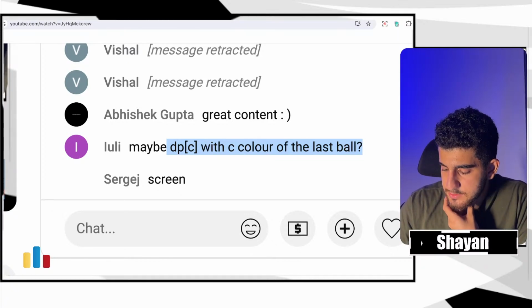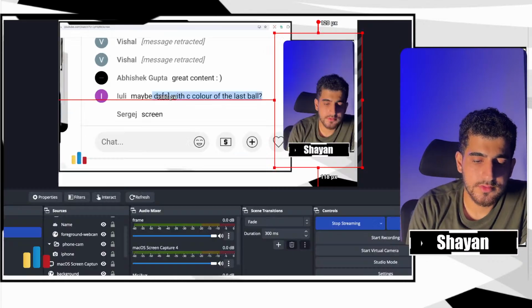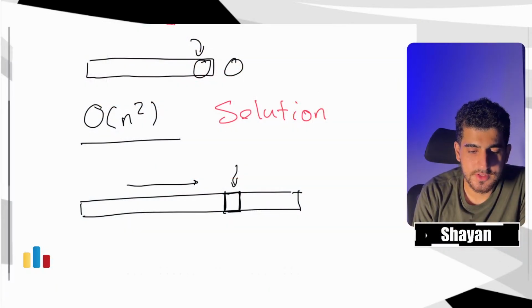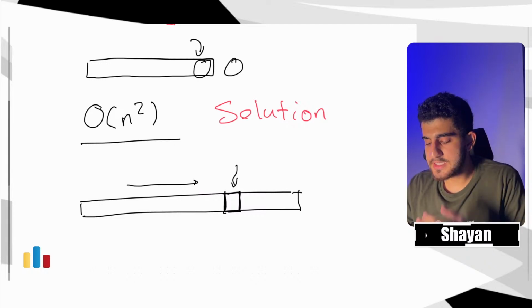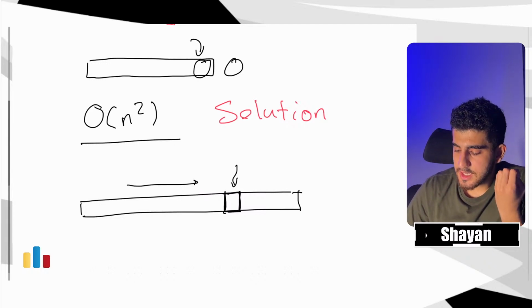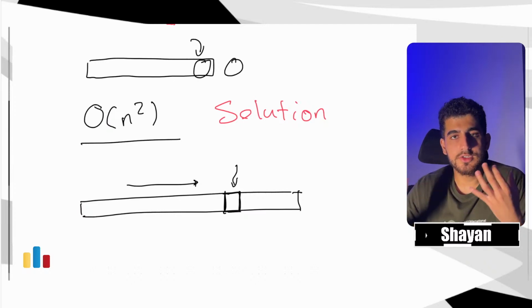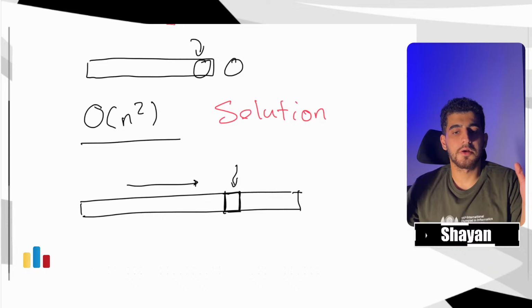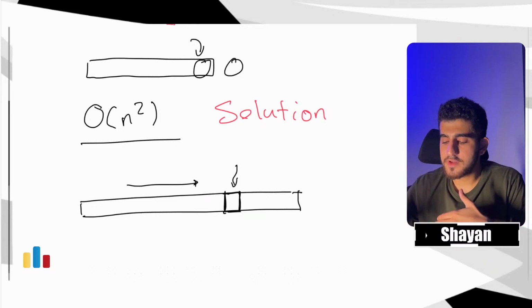Oh, sorry, that was a good point, thank you. So my solution can initially have a bad time complexity. That's okay, I will try to improve it later on.